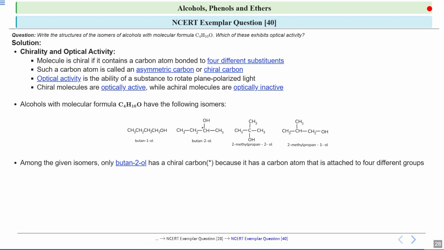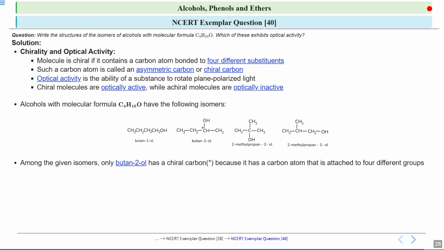Now if we look over all these four compounds, butan-2-ol has a chiral carbon. How? If we look at this, it has four different groups: one is this OH group, one is this CH3 group, one is this CH2 group, and one is this hydrogen. So all the four substituents attached to this carbon are different.